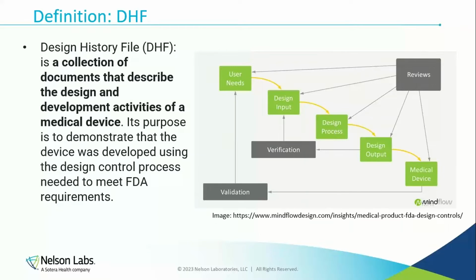Now, for a quick definition of design history file, it's a collection of documents that describe the design of your finished product. What did it take for you to go from start to end for your product? You have to have that compilation of documents in your design portfolio, and that's what this design history file contains. Your user needs, your design input, your design processes, your output, all of that is involved.